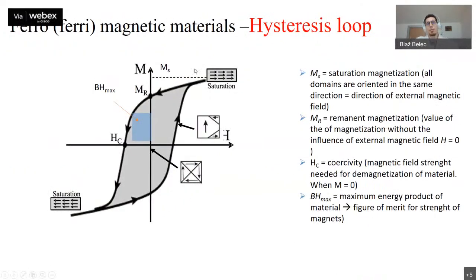As I said, the response to the external magnetic field, so also the movement of those domains and the net magnetic moment inside different domains, can be represented by a hysteresis loop.